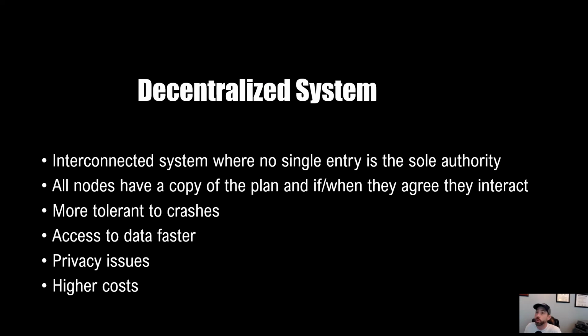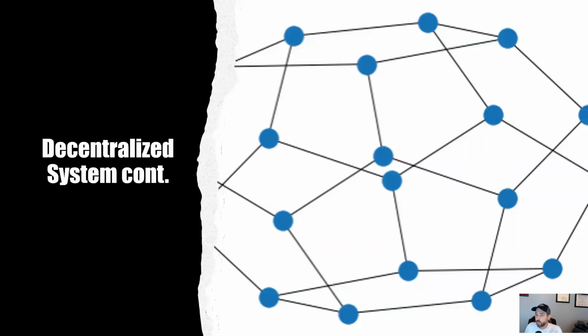Again, because you have a node physically closer to your location, so you can access data faster. It still has some privacy issues, and this type has some higher costs associated with it. And this is what a decentralized system kind of looks like. It's all interconnected, but again, one node is not more powerful than any other node.